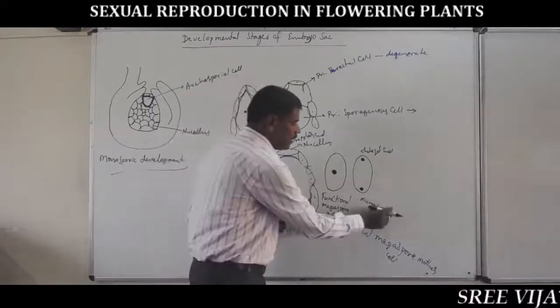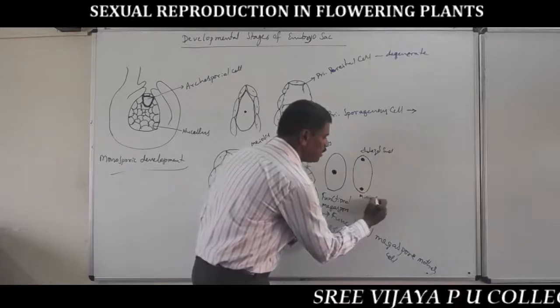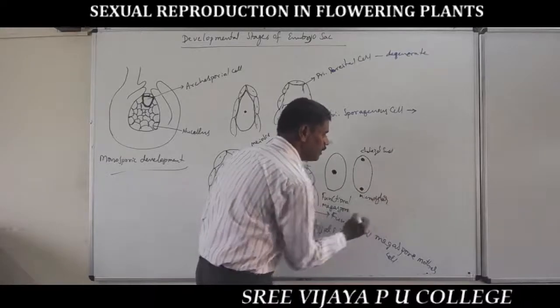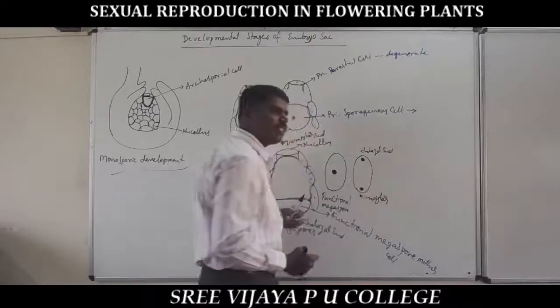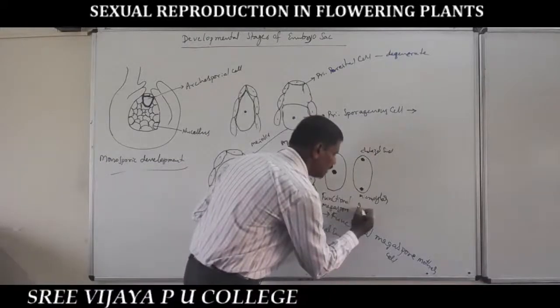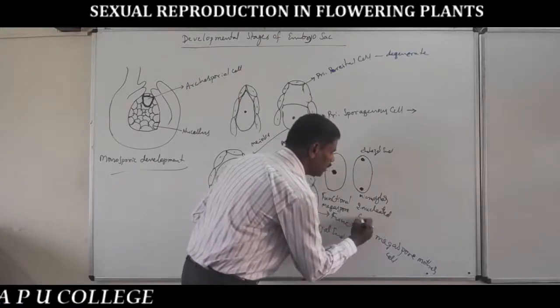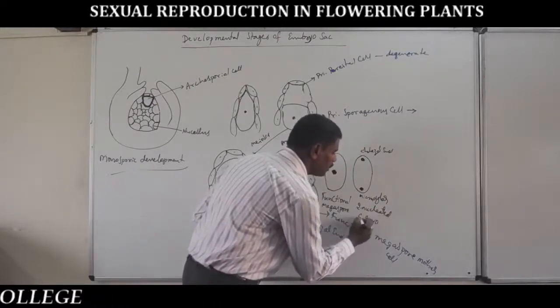Here, this is the micropylar end. This embryo sac is a two-nucleated embryo sac because it consists of two nuclei.